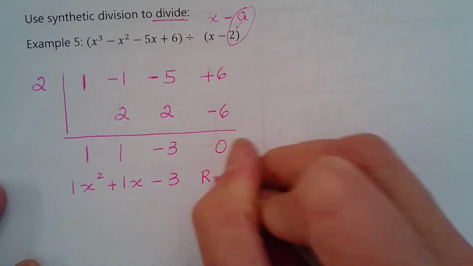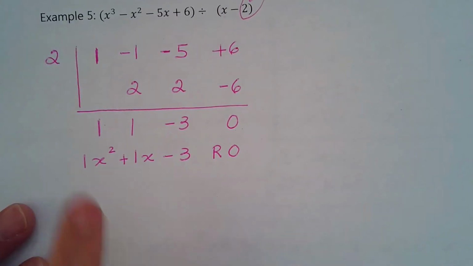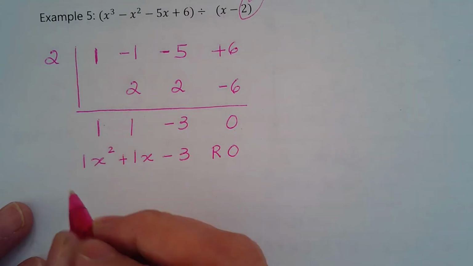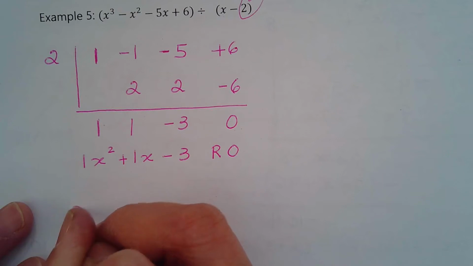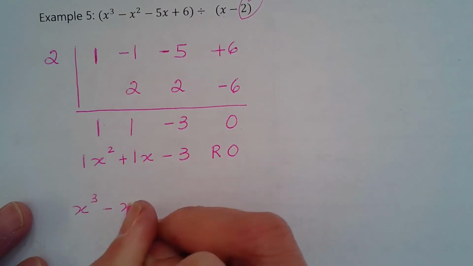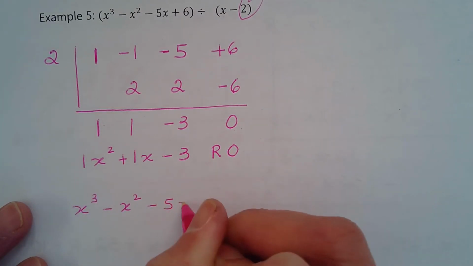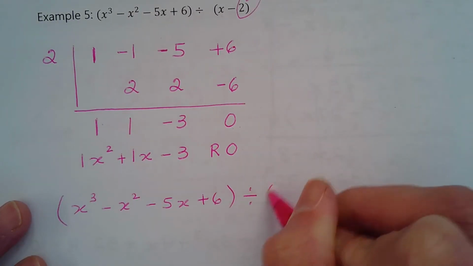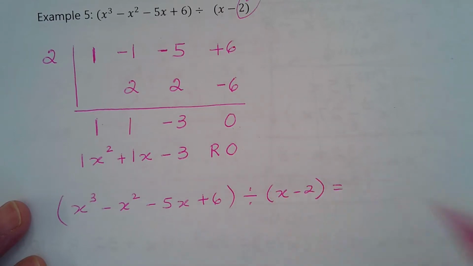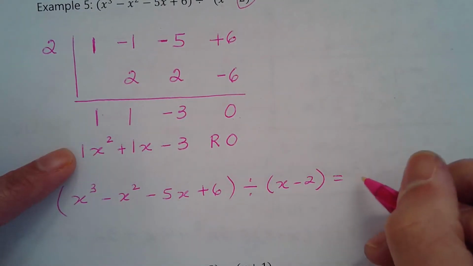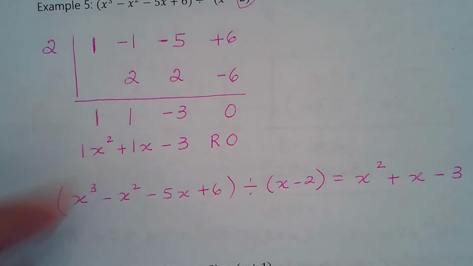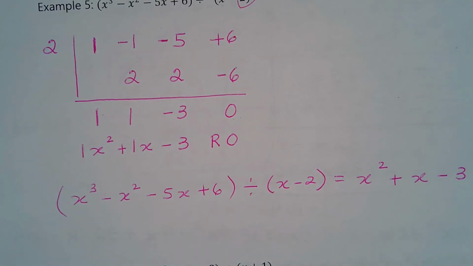So we did a synthetic division there. The original polynomial is x cubed minus x squared minus 5x plus 6, and if we divide that by x minus 2, the answer is x squared plus x minus 3. You don't have to write the remainder because it's 0.